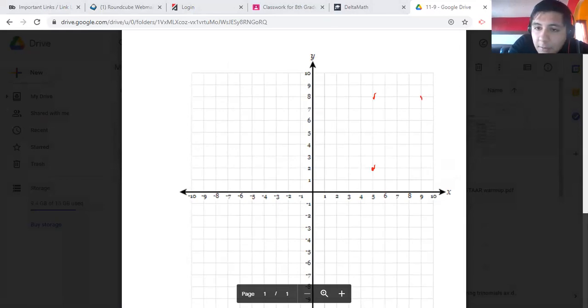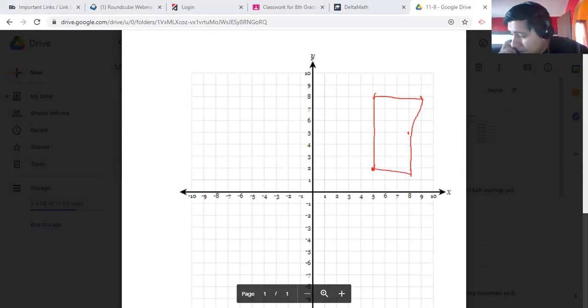And we have (8, 5). And then we have (8, 2). So the shape ends up looking something like this. And you could label those points, say this is A, this is B, this is C, this is D, and this is E.